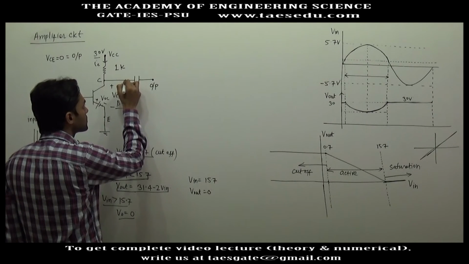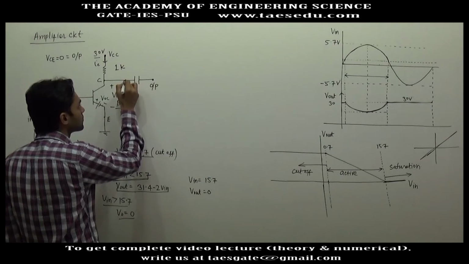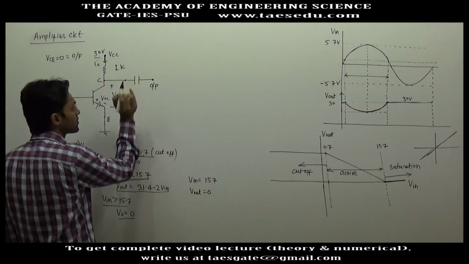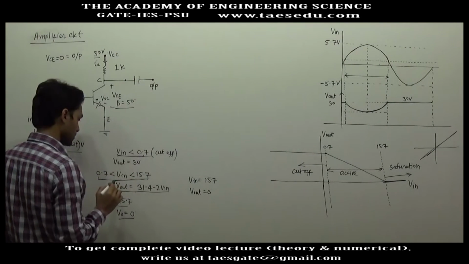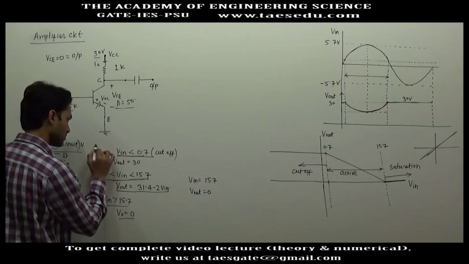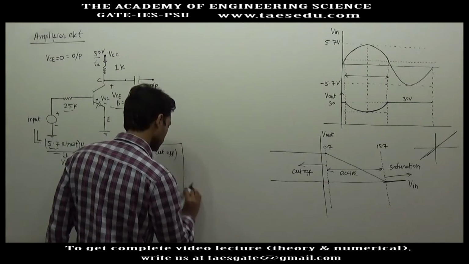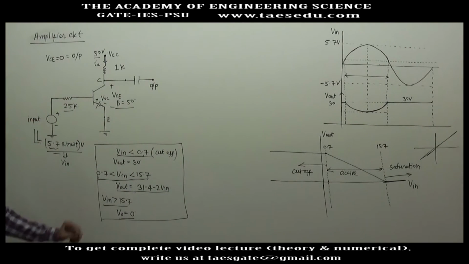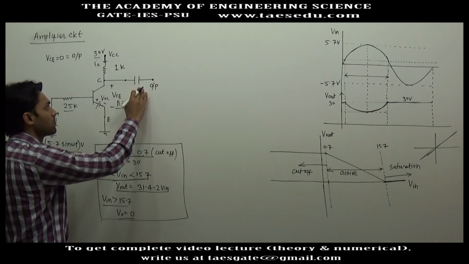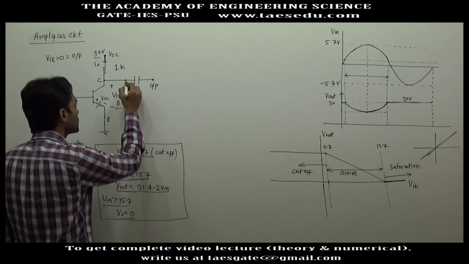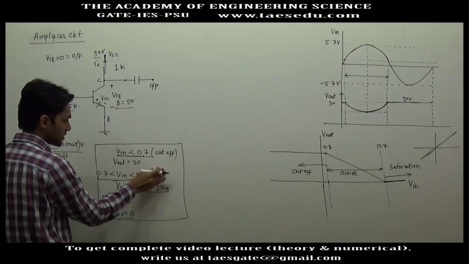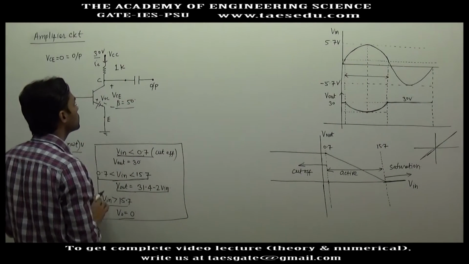At this point, what is the expression of voltage? We have already found out the expression of voltage at this point. These are the expressions for voltage. Without capacitor, this is output voltage. Now I have added a capacitor. At this point, this is the expression of voltage with respect to ground.